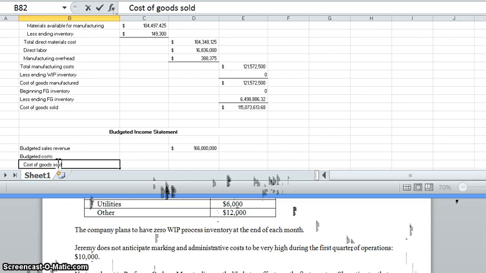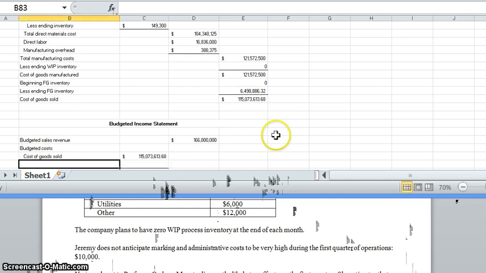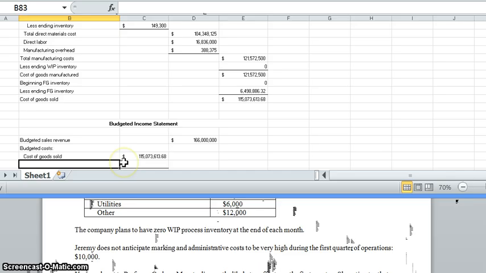So we have our cost of goods sold, which we have already covered. And if we look at the problem, Jeremy does not anticipate marketing and administrative costs to be very high during the first quarter of operations. $10,000. Very unrealistic, but let's go with it. That'll be a whole different meeting that we will have with Mr. Jeremy.